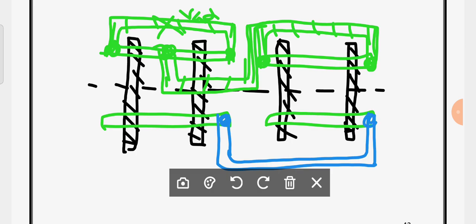Is it clear? Okay, now you can observe that this source and this source is connected. This is A, this is B, this is C, and this is D. See, B drain and D drain is connected, you have to connect the source.